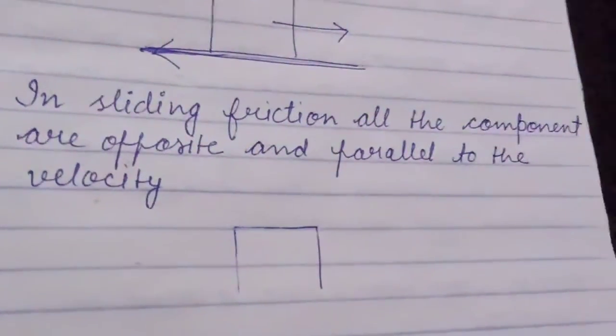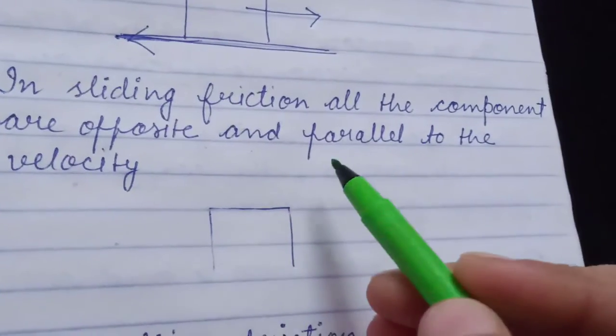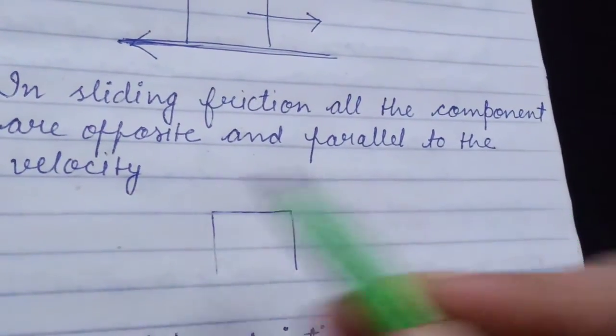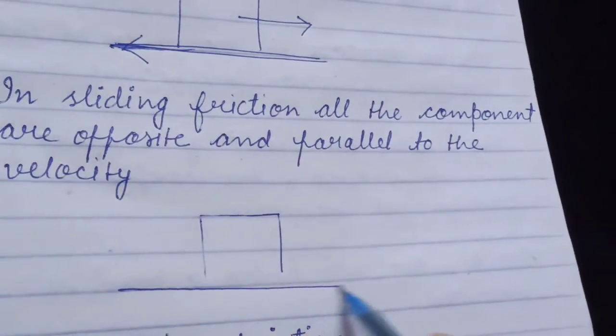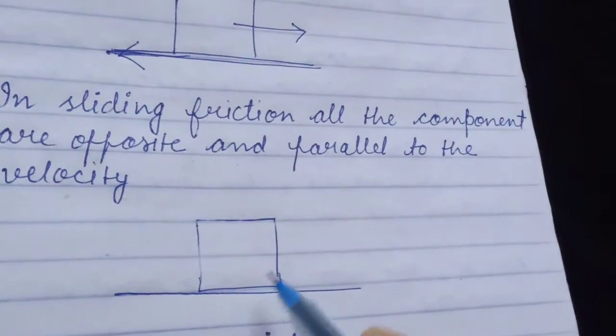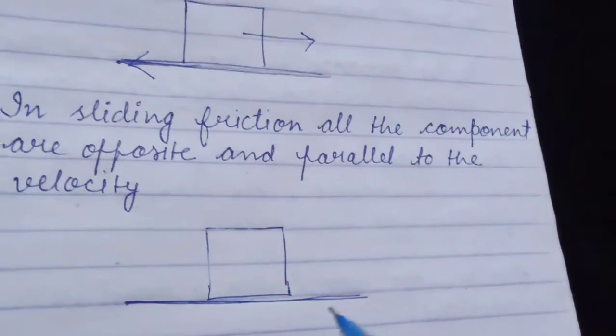The second point is, in sliding friction all the components are opposite and parallel to the velocity. This is the sliding friction, means there is a block and this is the rough surface.